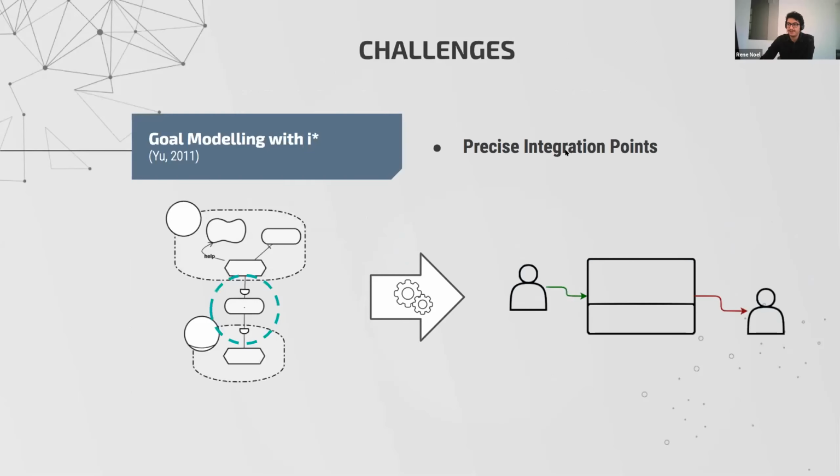The main challenges mostly regard the goal modeling level. iStar gives the analyst the freedom to use the powerful constructs of social dependencies, goals, and refinements, but that also gives freedom not to use them. So it is possible, and we are aware of it, that the analyst might not model the points that we set as integration points, and this implies using information from the goal level at the business process level.